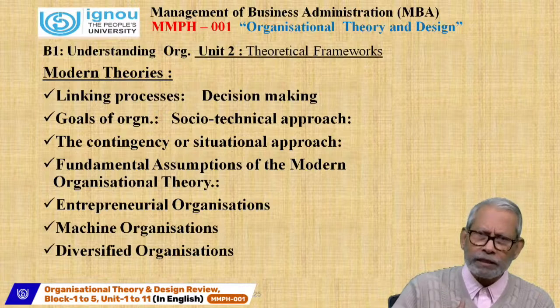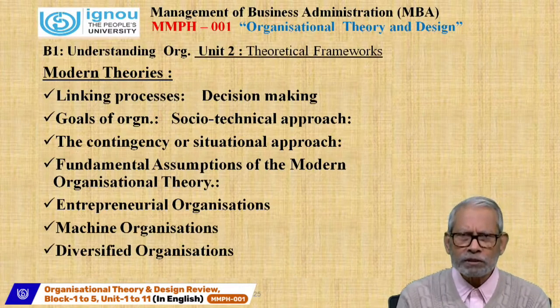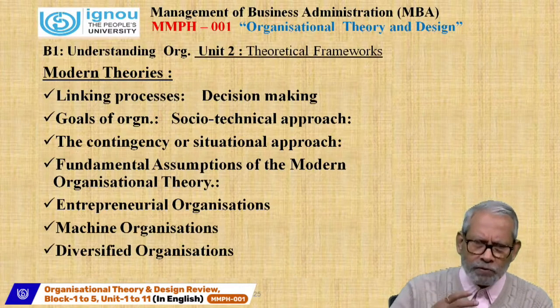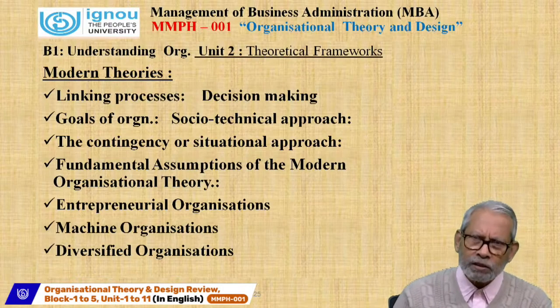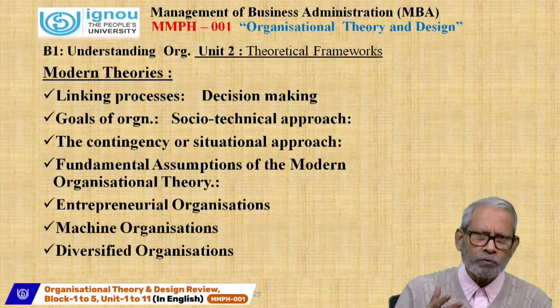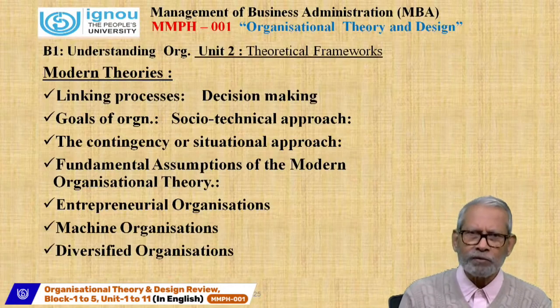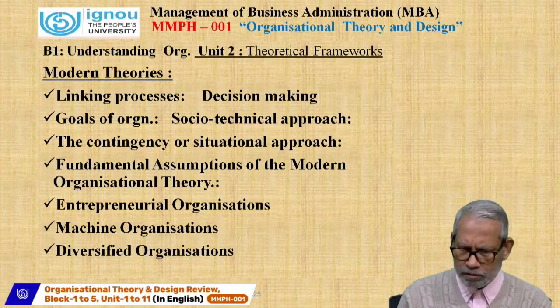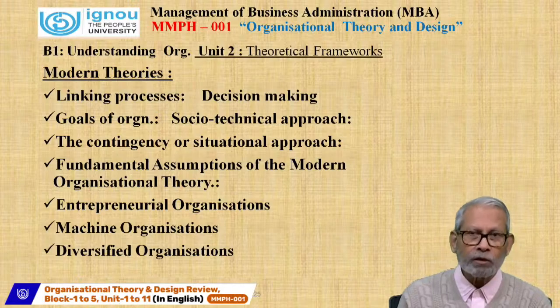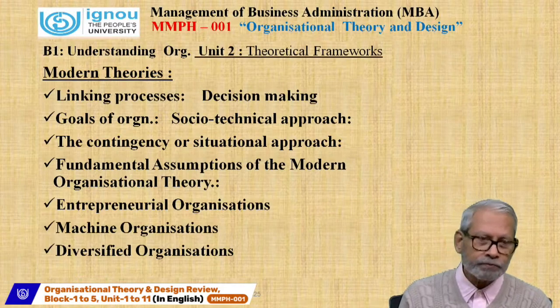So that way you can categorize. There are different organizations, and you see what type of approach they take and what theory they are adopting. These are some of the theories given. They are different types of organizations, and accordingly you have to see what type of structures are required.